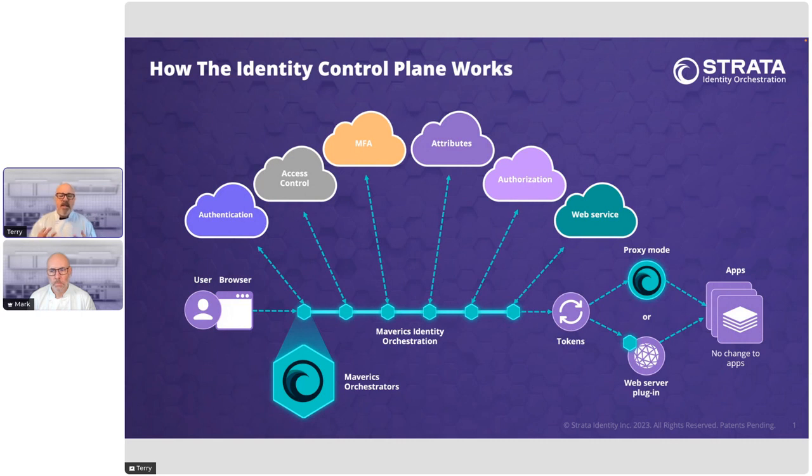But what makes us very unique and different is in the lower right-hand corner of this, where we sit natively in front of the application, be that as a proxy or sometimes not, so that we can modernize everything on the left of this slide before we translate that into a way the application natively wants to understand it. So in this case, we've got an application that has its own native login form.